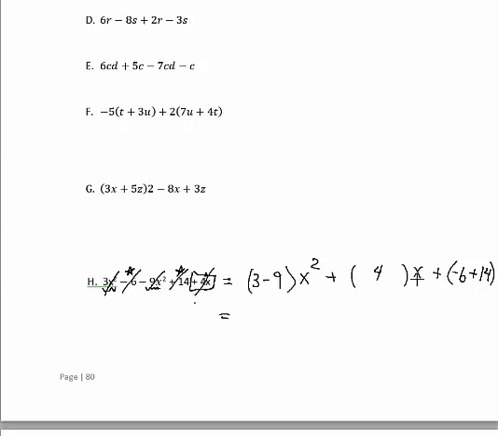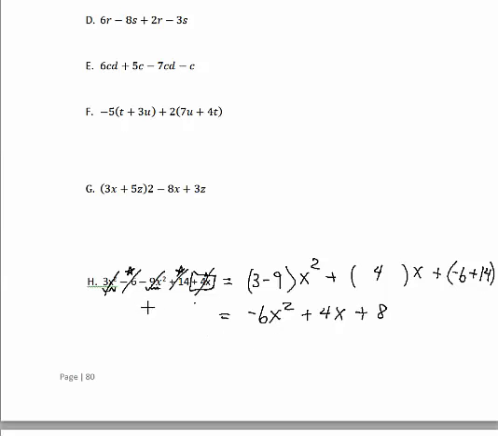Running through this expression one more time to just simply get rid of the parentheses, we have 3 minus 9 is a negative 6. We can drop the parentheses for the 4. There's no operation inside. Inside this last set of parentheses, we have a negative 6 plus a 14, which results in a positive 8, and so I'll just write an 8.